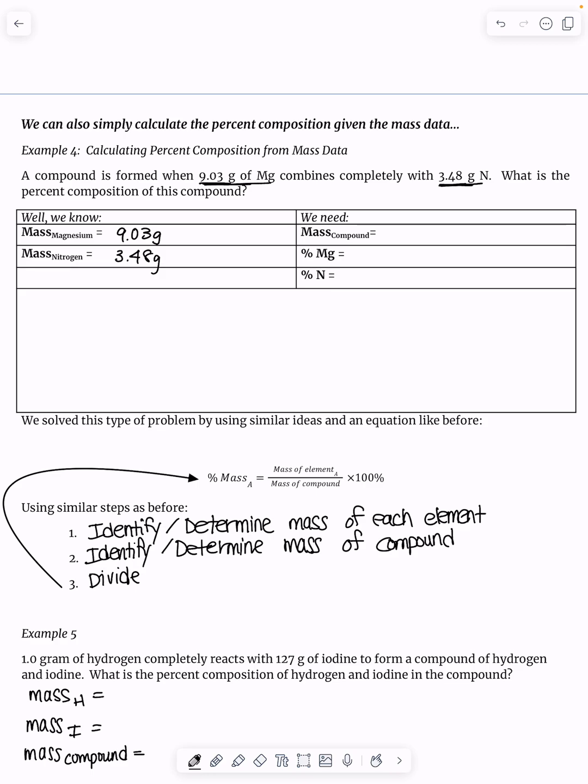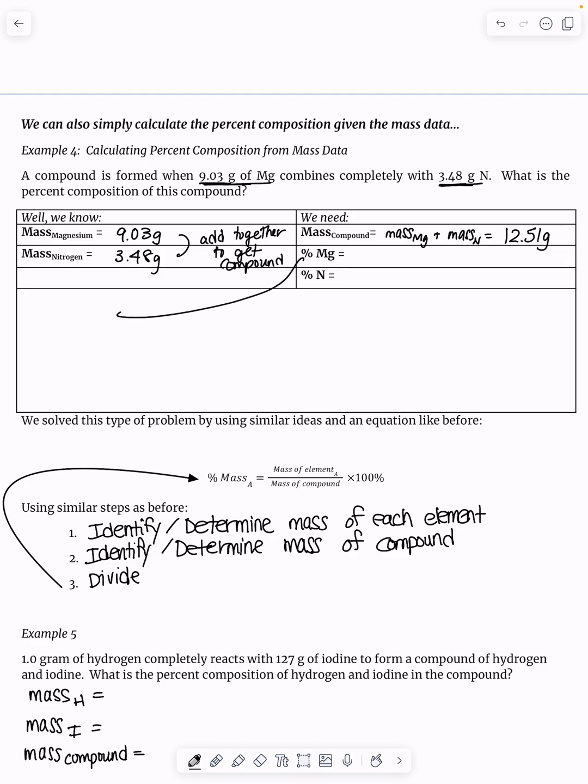Well, the mass of the compound is just the mass of Mg plus the mass of N. So if I do 9.03 plus 3.48, I get 12.51 grams. That's just these two added together to get the compound.